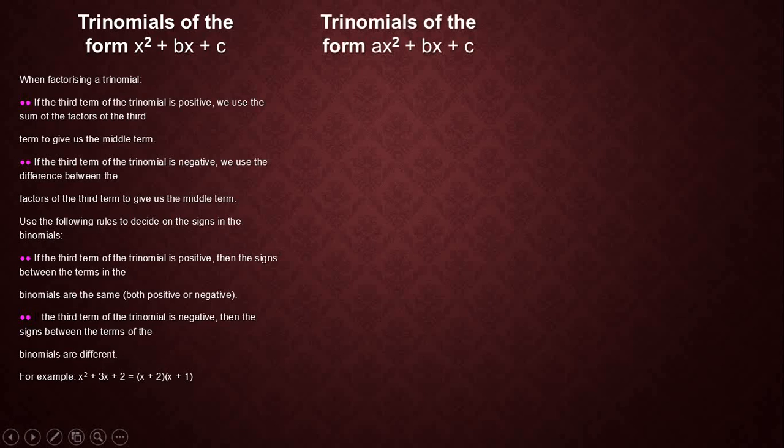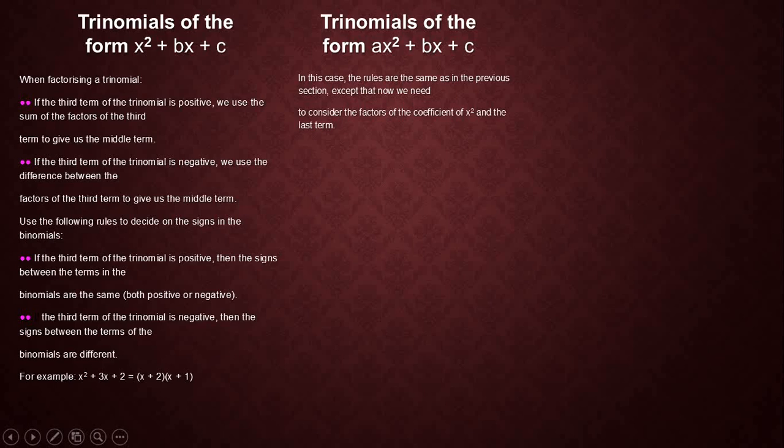The next thing that we're going to look at is trinomials of the form ax² + bx + c. The difference between the trinomials in that previous form and this one is that this one has the coefficient a, meaning it could be any number.